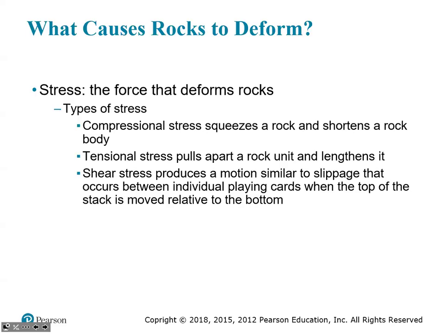So compressional stress will squeeze a rock and shorten the rock body. Tensional stress pulls apart a rock unit and lengthens it. And shear stress is this sort of side-to-side motion that produces a motion similar to slippage that occurs between individual playing cards when the top of a stack is moved relative to the bottom, where instead of being a rectangle, it ends up being a parallelogram.